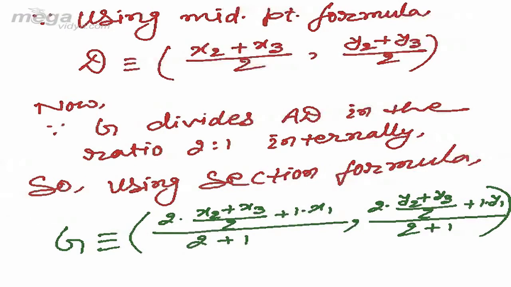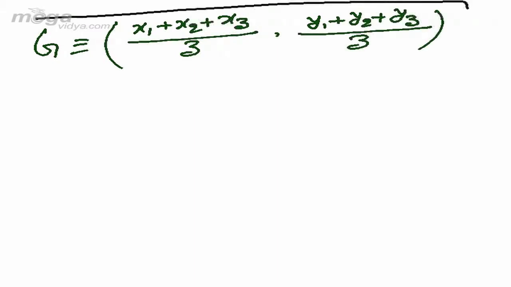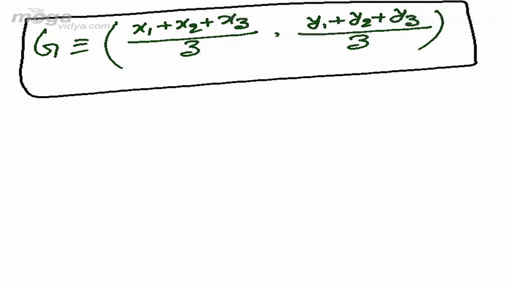After simplification, we get the coordinate of G as ((x1 + x2 + x3)/3, (y1 + y2 + y3)/3). So student, this is the coordinate of the centroid of triangle ABC.